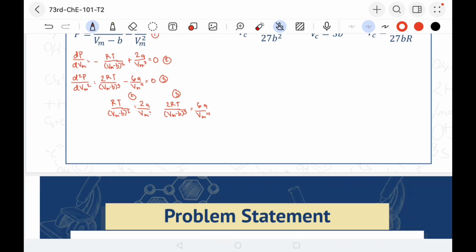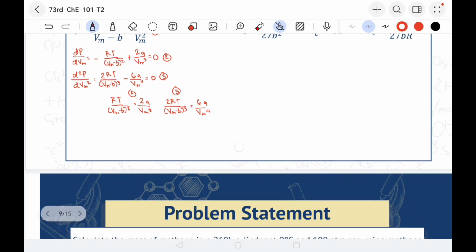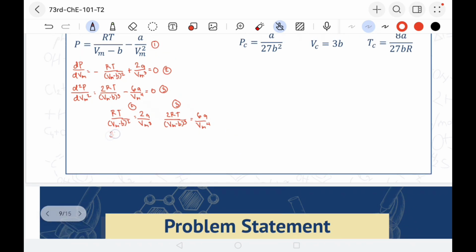Now, let us manipulate equation 2 and equation 3 so that we could equate one to the other. What we could do is multiply equation 2 by 3 to get 3RT over (Vm minus B) squared equals 6A over Vm cubed.